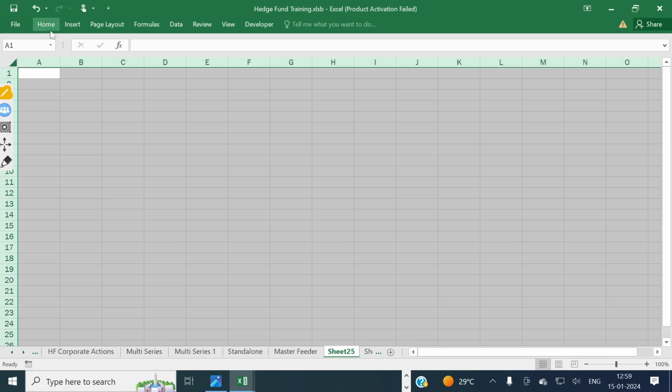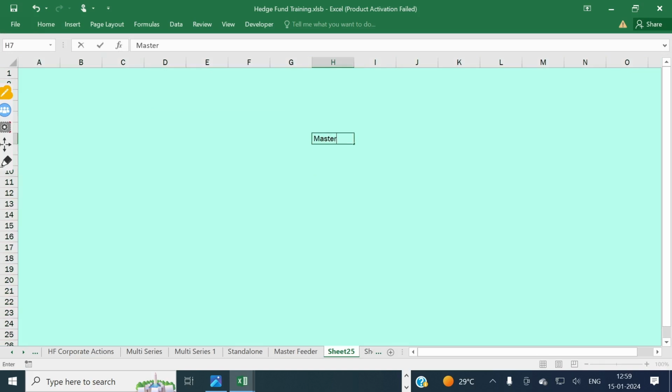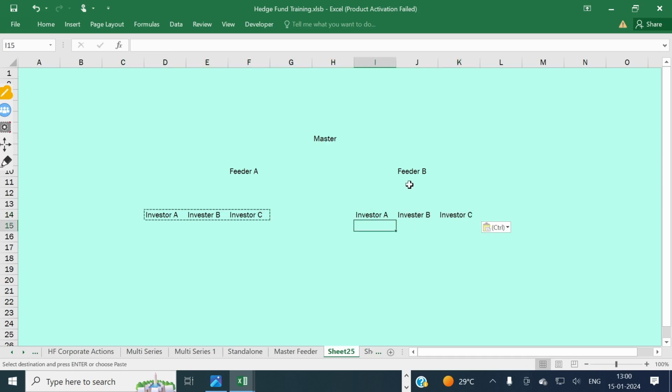So in short, let's see how a structure looks. Under the master you would see feeder A, feeder B, and under a feeder you would see investors: investor A, investor B, investor C. Same you can see under feeder B as well.